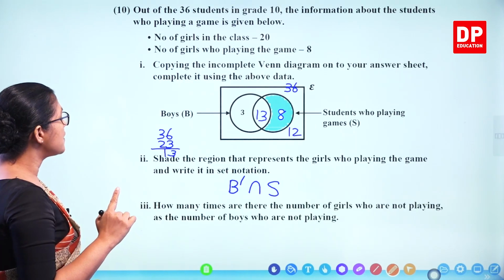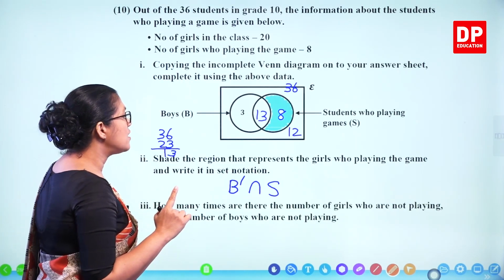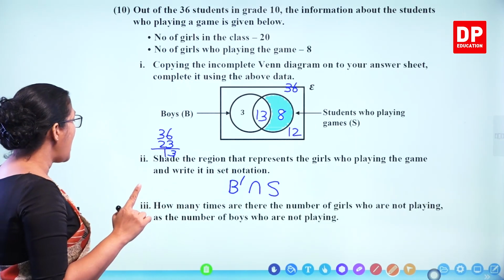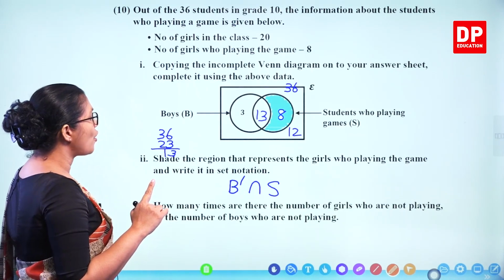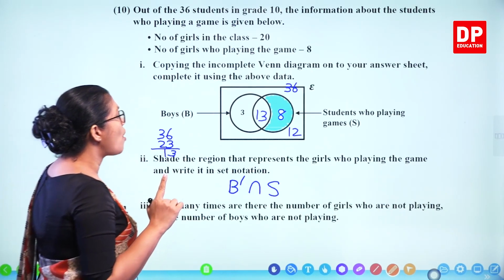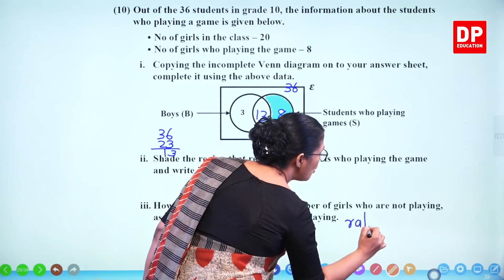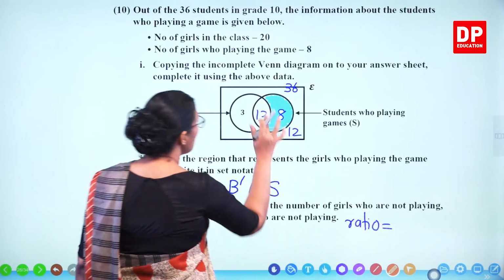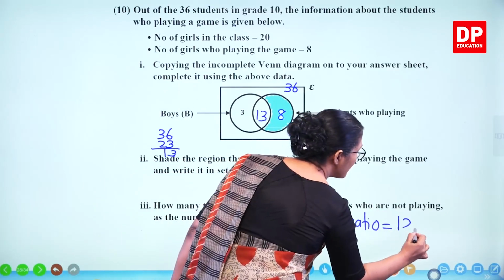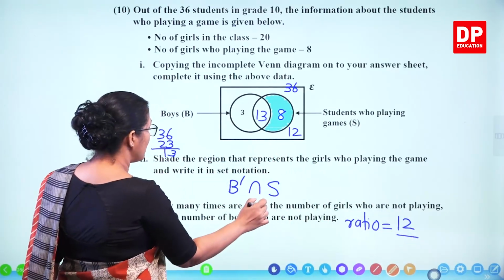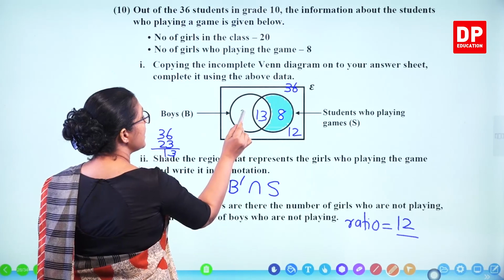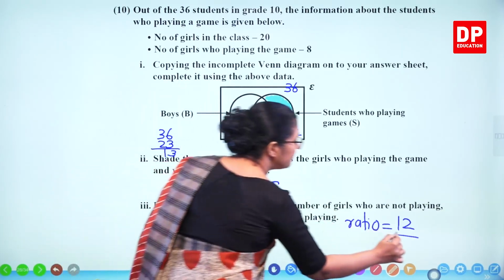How many times is the number of girls who are not playing as the number of boys who are not playing? So we can find out the ratio. The number of girls who are not playing, that's 12. The number of boys who are not playing, that's 3.